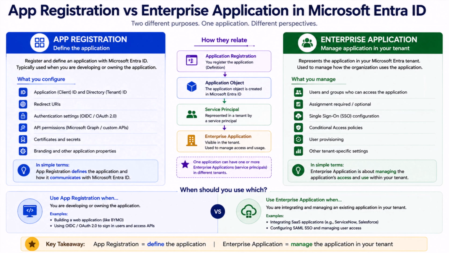So it is clear, what I'll tell you finally is, if you are building your own web application and I want users to sign in with Microsoft Entra ID, then I'll start with app registrations.